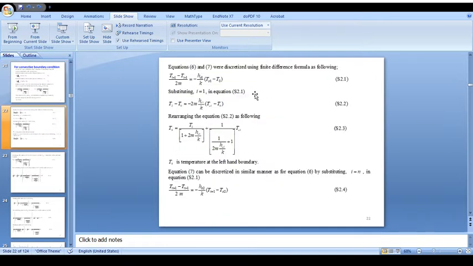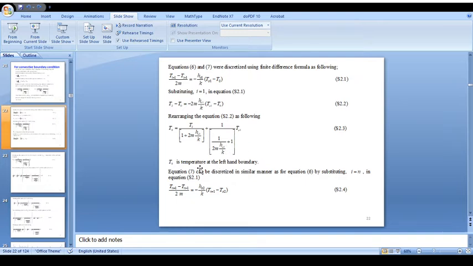So to discretize equations 6 and 7, we can write this one. This is the central difference formula for the first order derivative, and then we substitute i equal to 1, and we will get this equation. We can rearrange that, and we will get the expression for T0 from here.